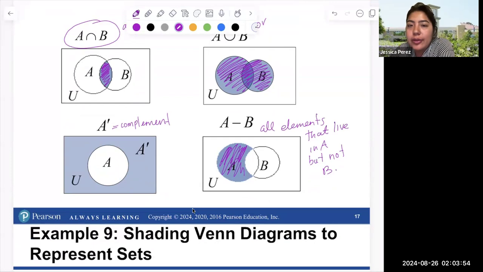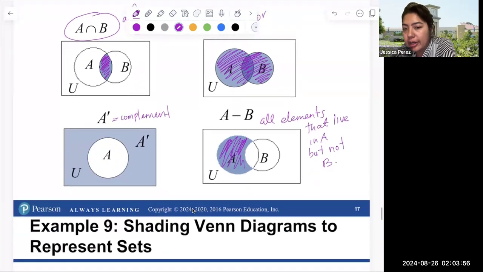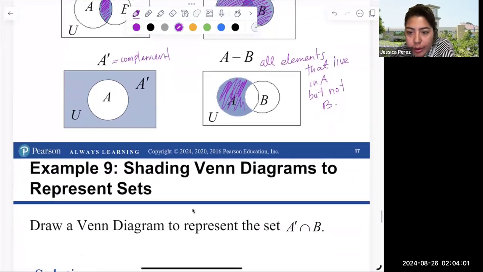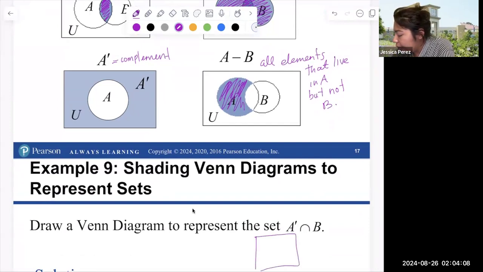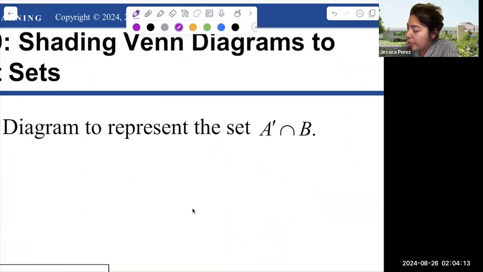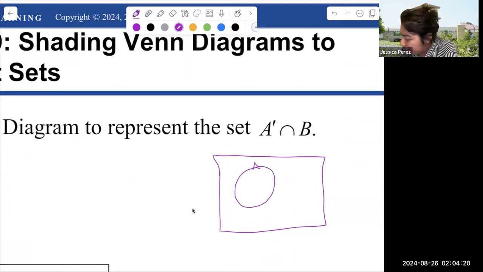So example 9 and the rest of them is going to be shading Venn diagrams to represent sets. So you want to draw a Venn diagram that represents A complement and B. So remember, I'm going to create myself a Venn diagram where I'm going to have A and I'm going to have B. And the first part is I want A prime or A complement.